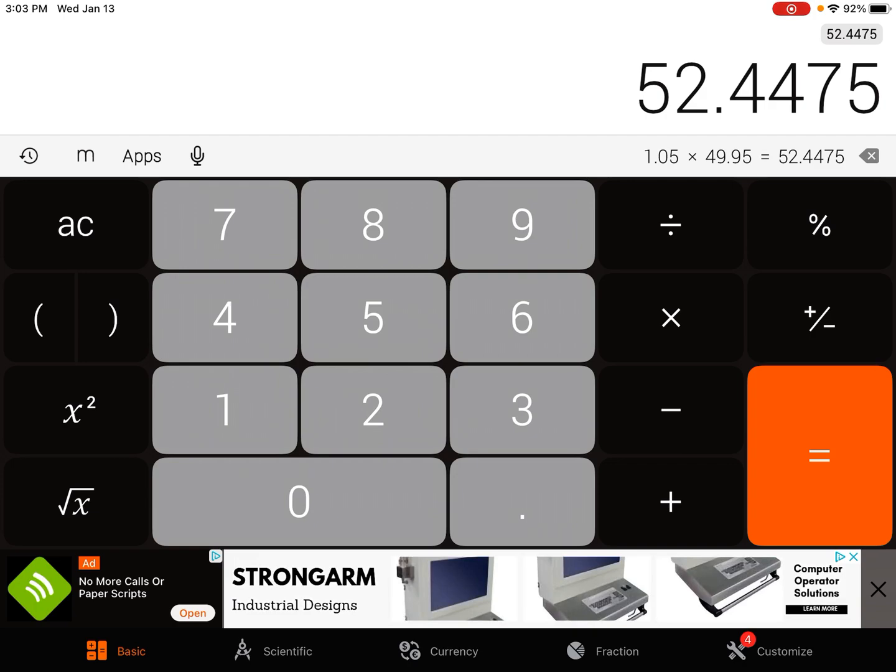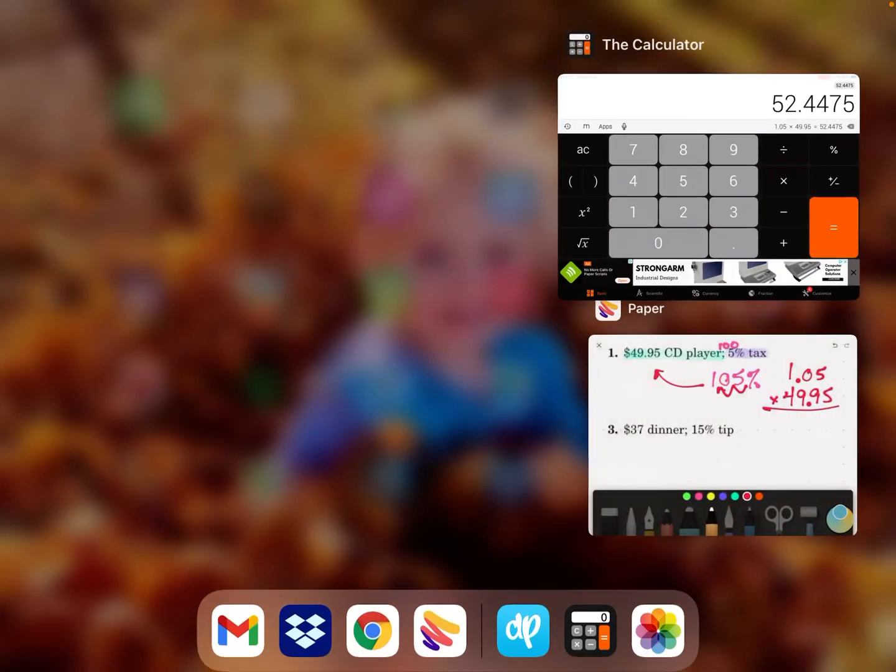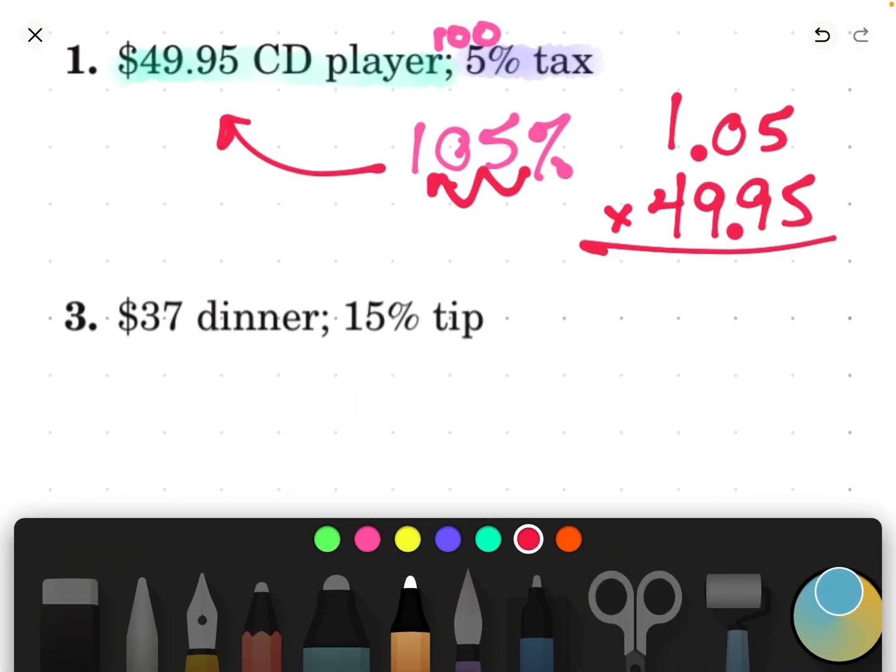$52.4475, right? It's always rounded to the nearest hundredth because there are 100 cents in a dollar, nearest cents. So it's either 44 or 45. We look directly behind that place value. Since it's 5 or more, where the 7 is, we're going to round up. It's going to be $52.45.